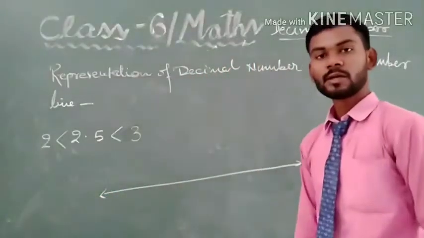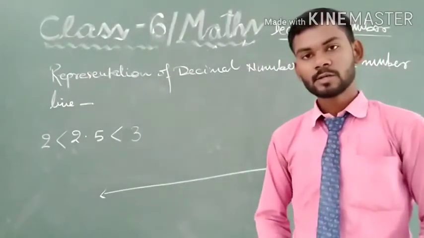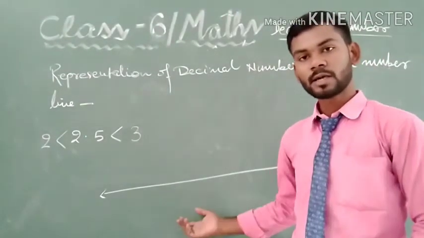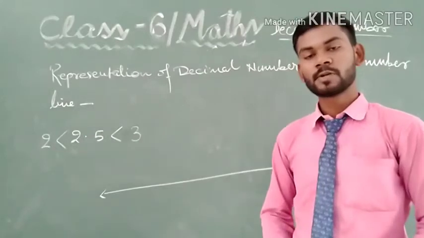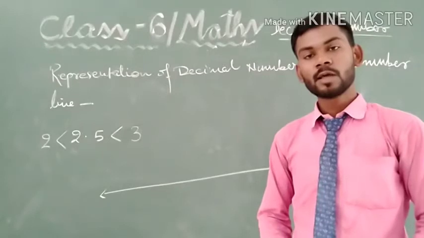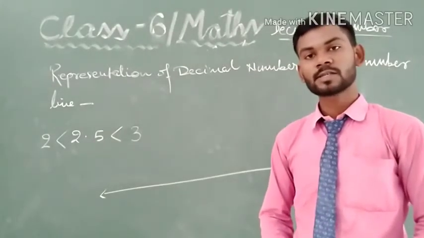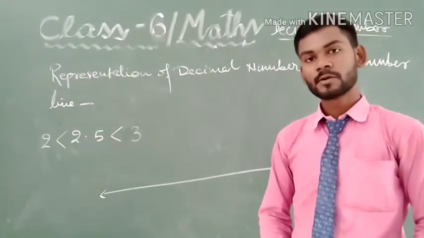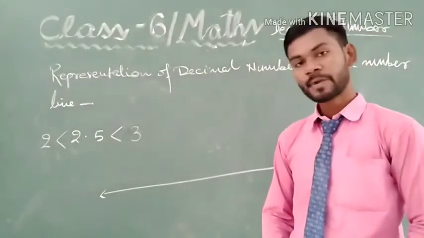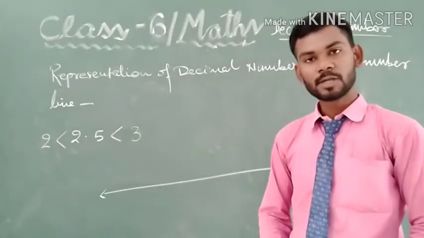This is the number line, and we know that the number line consists of all types of numbers: natural numbers, whole numbers, integers as well as rational numbers, that is, fractions. Whenever it consists of fractions, it obviously also possesses decimal numbers.